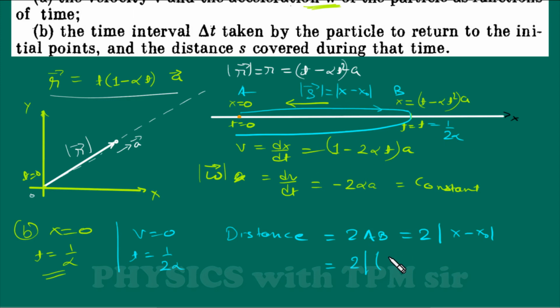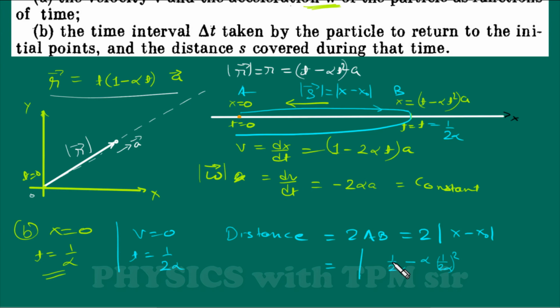2 times modulus of, for finding x, let me put 1 by 2 alpha in this equation. So I will get 1 by 2 alpha minus alpha into 1 by 2 alpha square. We don't actually need this bracket because I have already applied mod, so let me remove this.